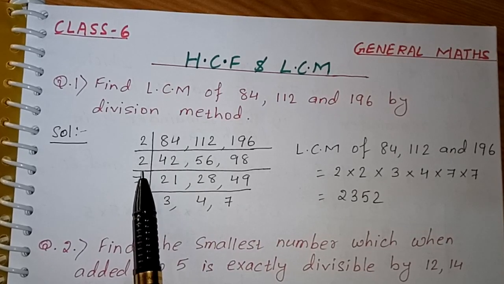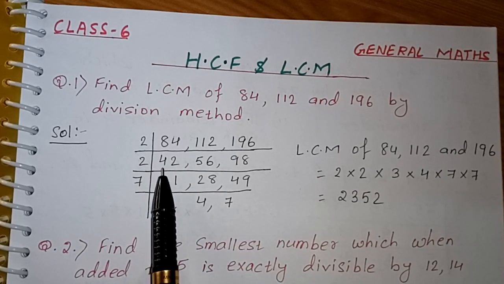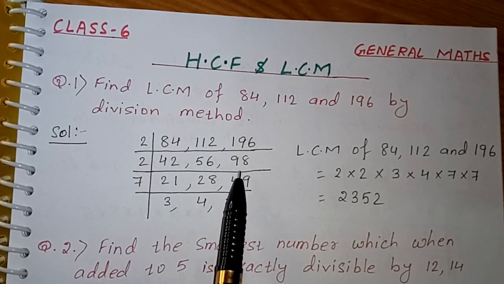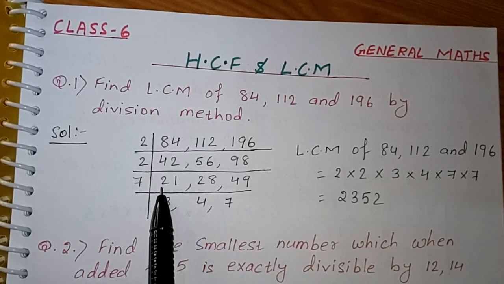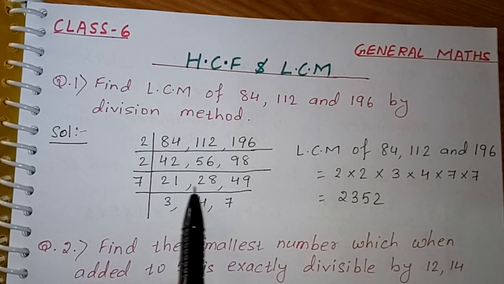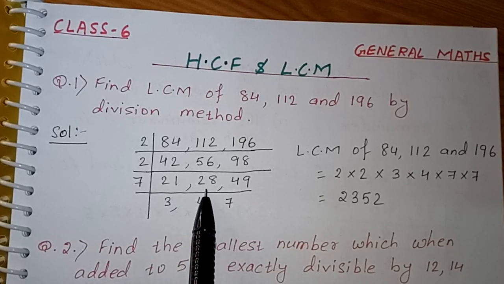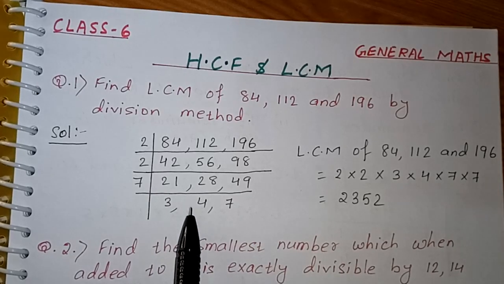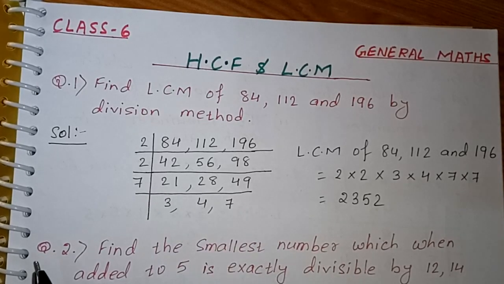So here once again 2 twos are 4, 2 ones are 2, so 42 gives 21; 2 twos are 4, 2 eights are 16, so 56 gives 28; 2 fours are 8, 2 nines are 18, so 98 gives 49. Now here you can see we can take 7, because 7 divides almost all the numbers. So 7 threes are 21, 7 fours are 28 and 7 sevens are 49.